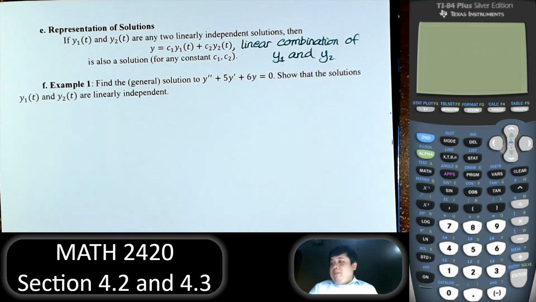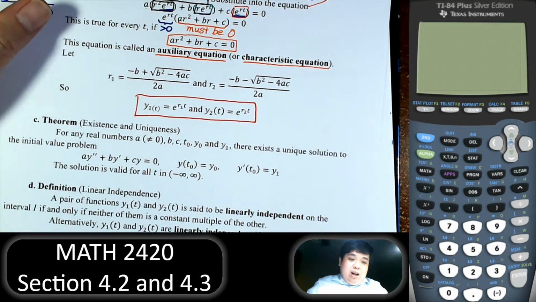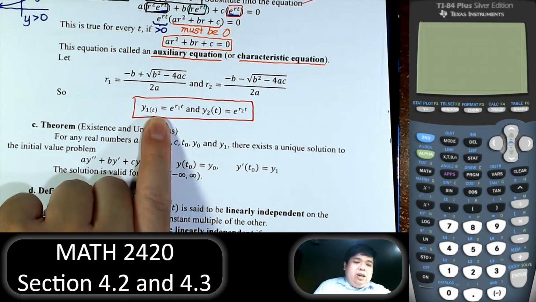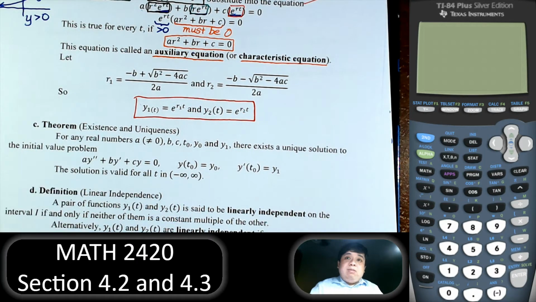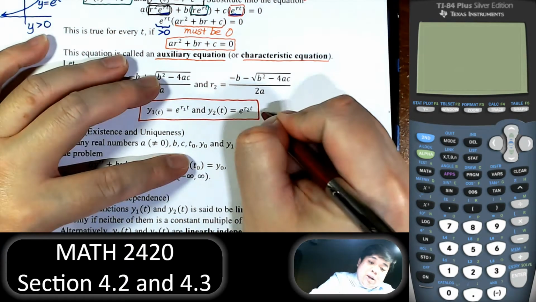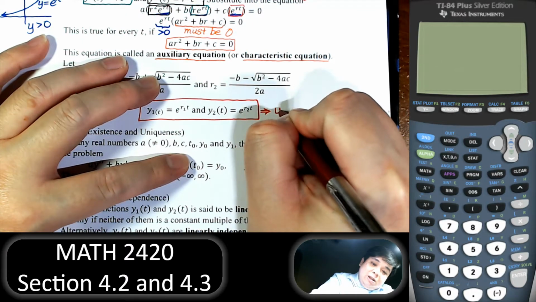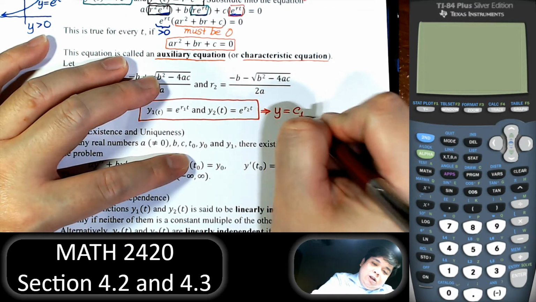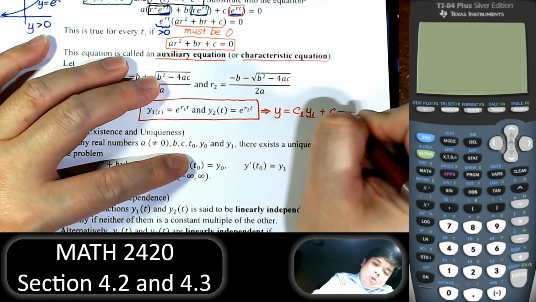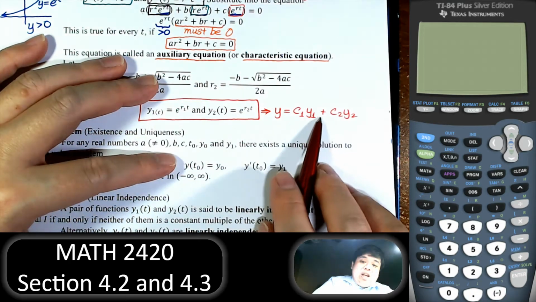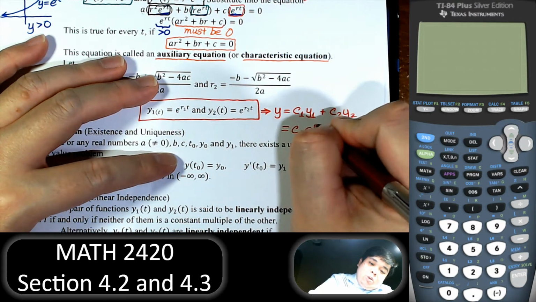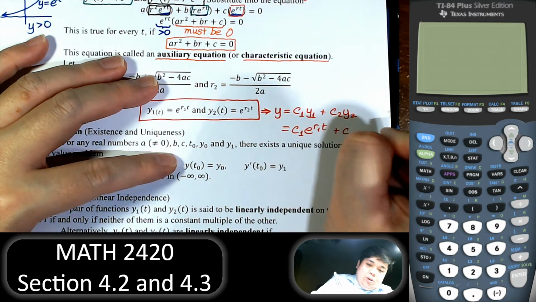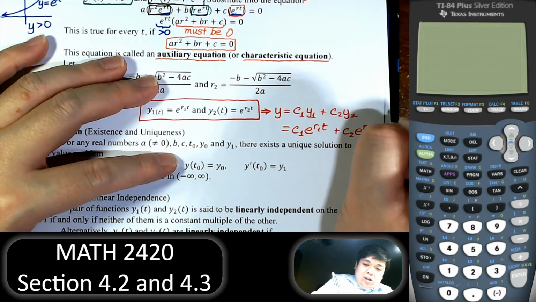So now get back to the answer. To answer the previous question, if the solution is unique, then why do we have two of them? Well, this is not actually two of them. When we have two that are linearly independent, then we can write this as c1 y1 plus c2 y2, a linear combination of y1 and y2, or c1 e to r1t plus c2 e to r2t.